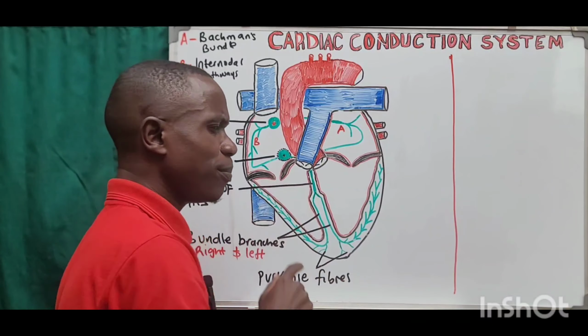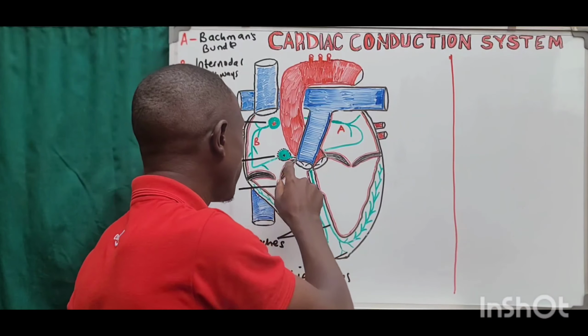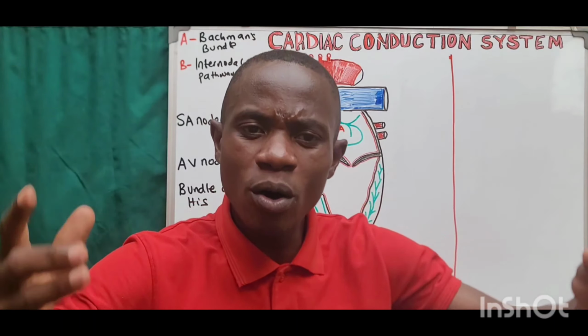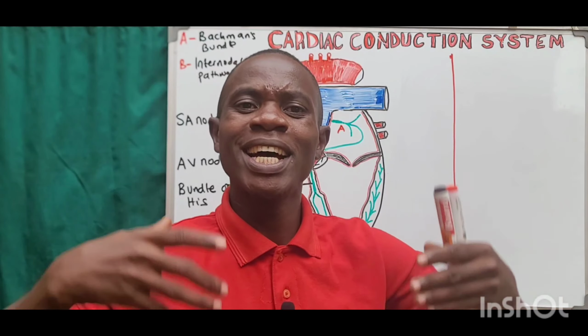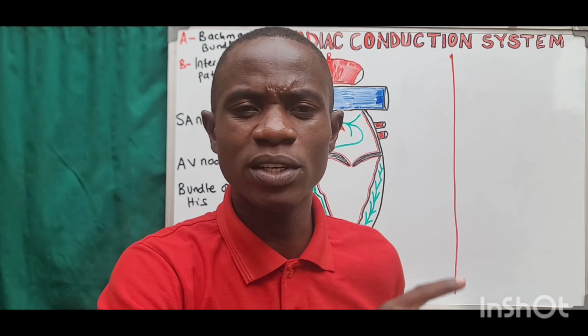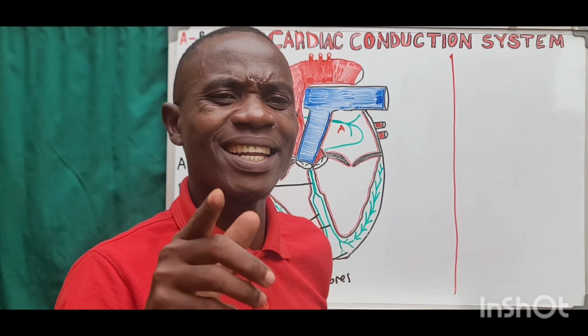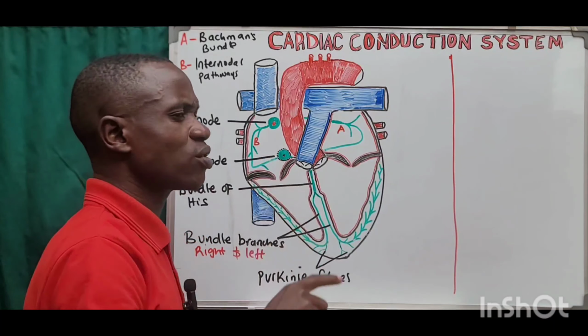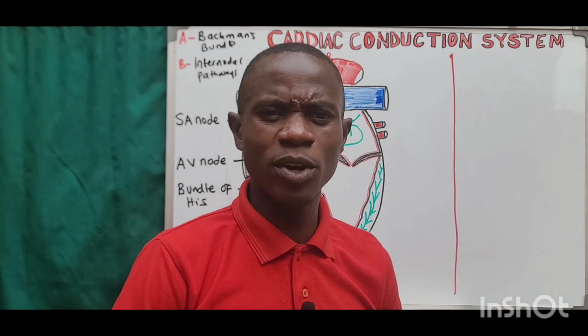What is very beautiful is that the atrioventricular node has the ability to hold, to delay, these action potentials for approximately 0.1 second. And there is a reason for that. Why does the AV node hold the action potentials for approximately 0.1 second?